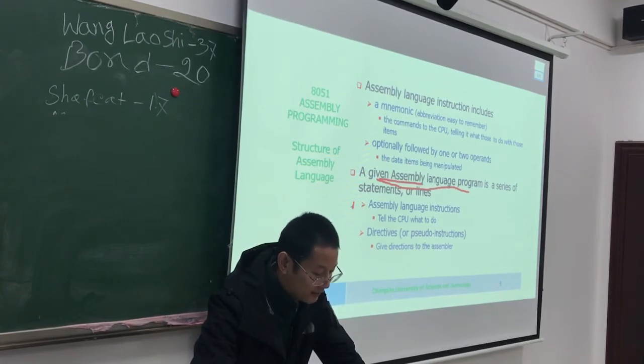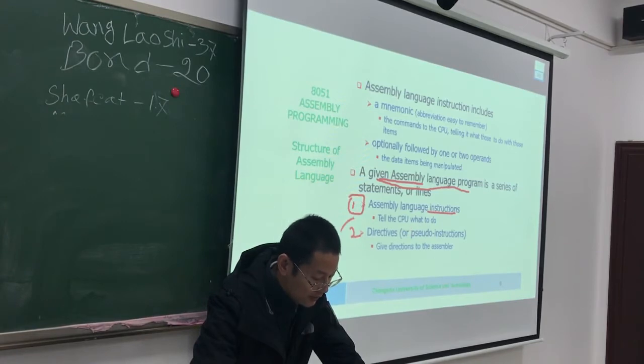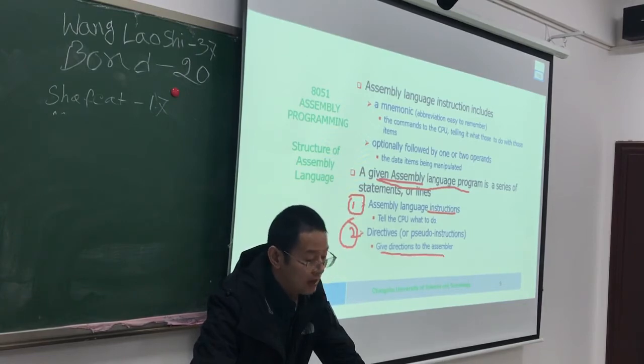One is instructions, which tell the CPU what to do. Two is directives, or pseudo-instructions, which give directions to the assembler.